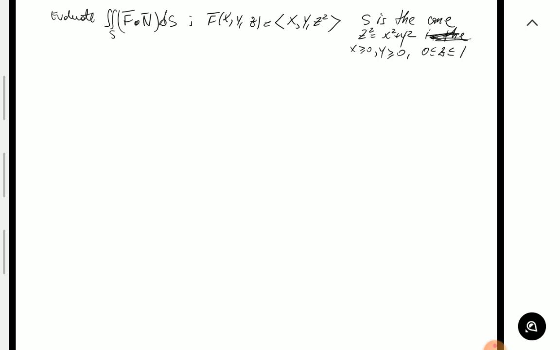So it's actually a portion of a cone, and oriented downward.